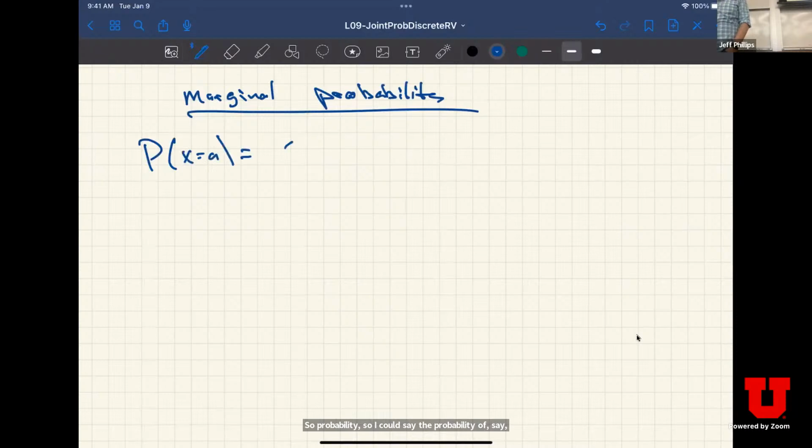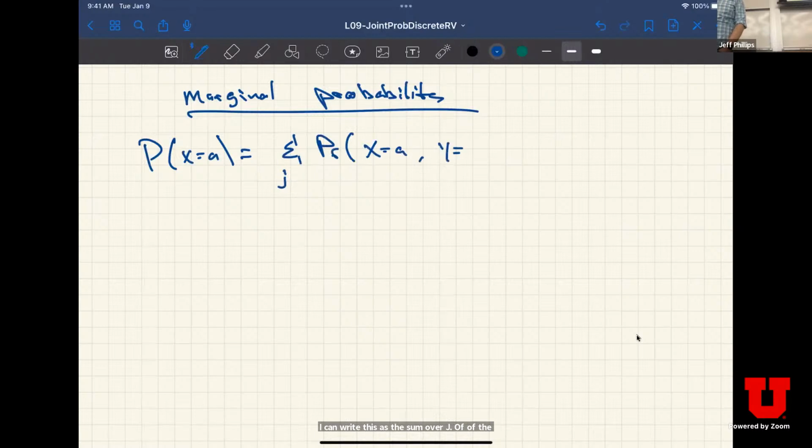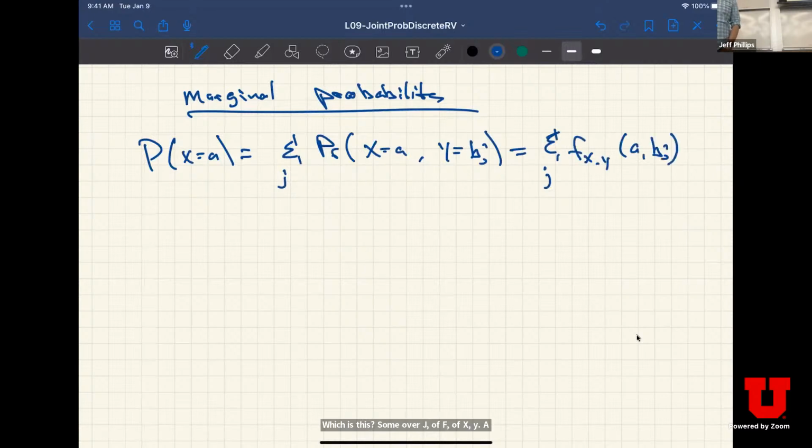I can write this as the sum over j of the probability of x equals a and y equals b_j, which is the sum over j of f of x, y, a, b_j. So think about it as marginalizing.